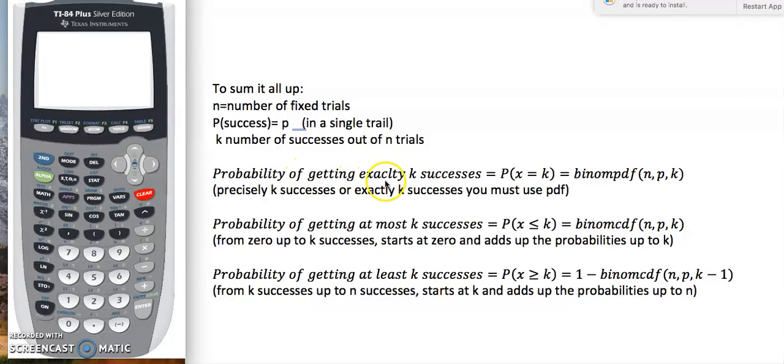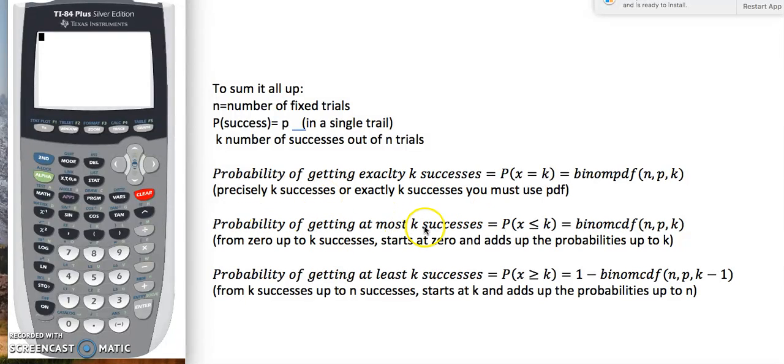Remember, this was a very precise value. Exactly k successes. That's equal to the probability that x equals k, which is equal to binomial PDF, n, your fixed number of trials, p, your probability of success in a single trial, and then you're going to put exactly how many successes you want. You're going to put whatever this k is. Remember, this is precisely k successes, so use PDF.